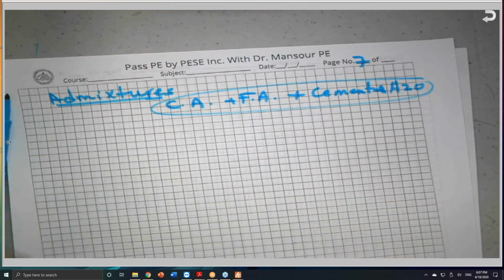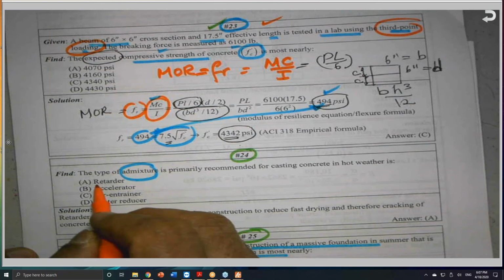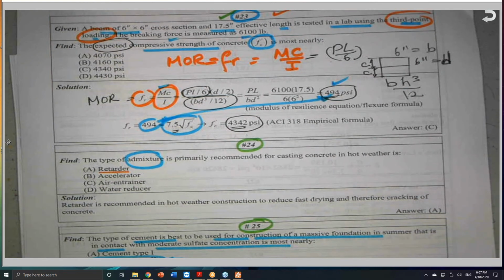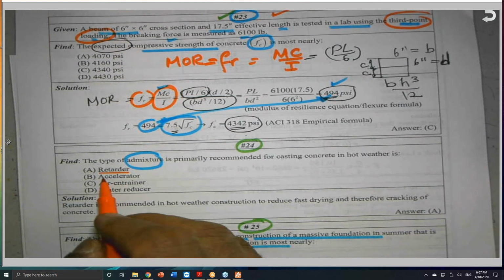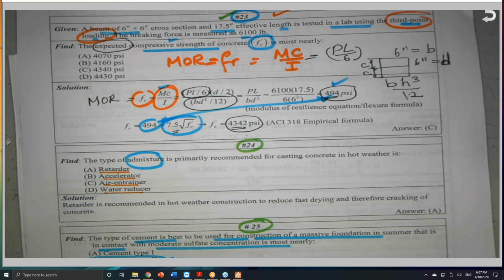Over the years, they came up with a list of these, and I discussed them in my book. One of them is called retarder, and there are accelerator, air entraining, and water reducer admixtures.